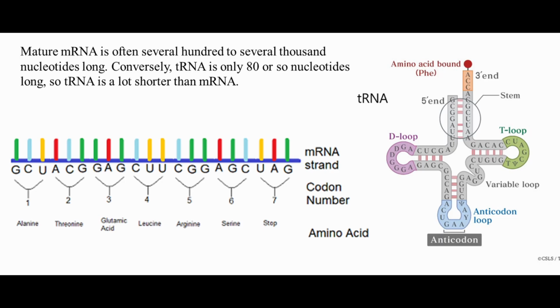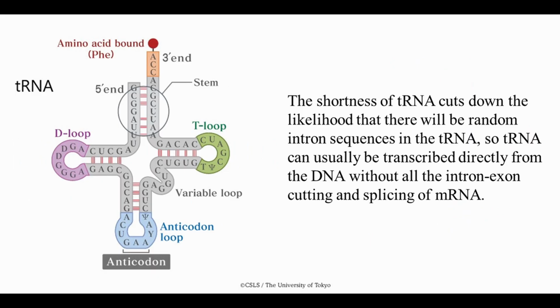Conversely, tRNA is only 80 or so nucleotides long, so tRNA is a lot shorter than mRNA. The shortness of tRNA cuts down the likelihood that there will be random intron sequences in the tRNA. So tRNA can usually be transcribed directly from the DNA without all the intron exon cutting and splicing of mRNA.